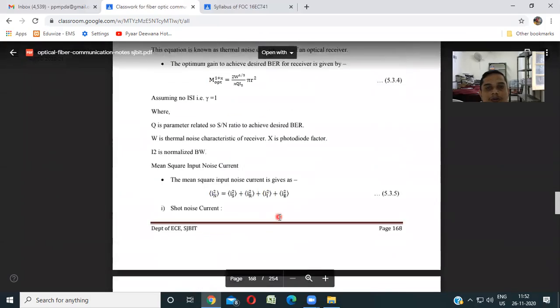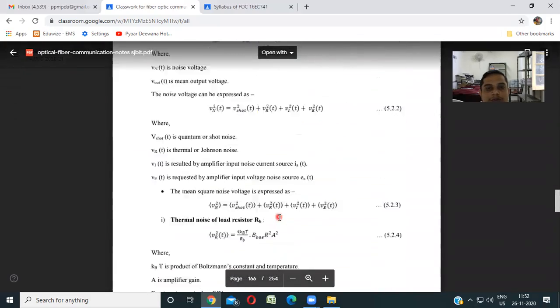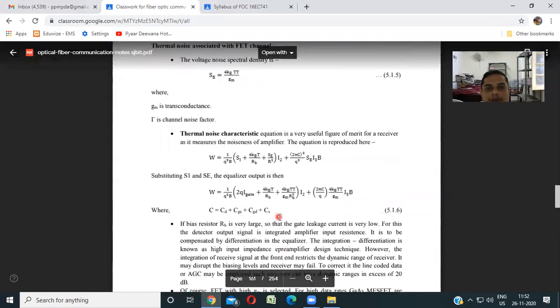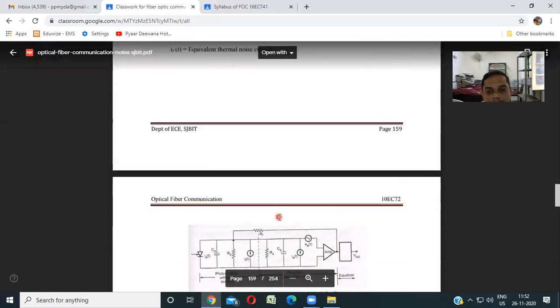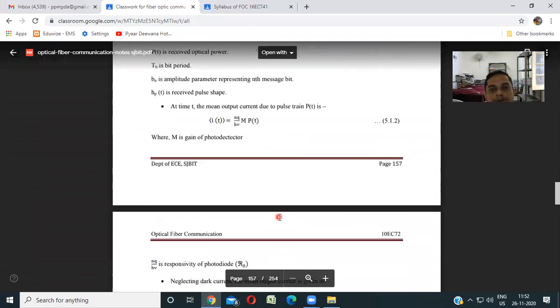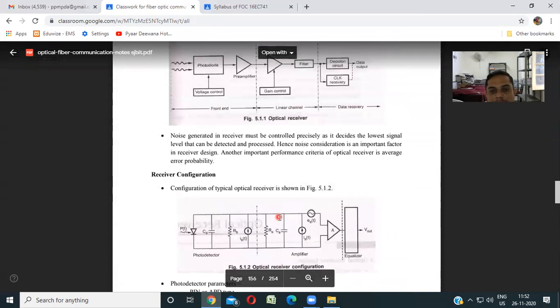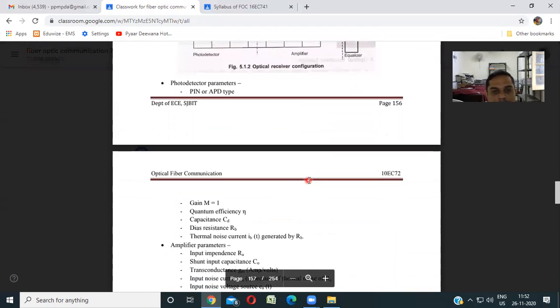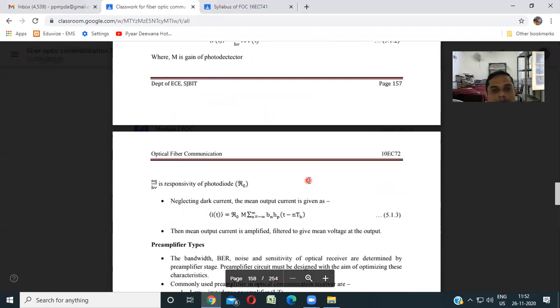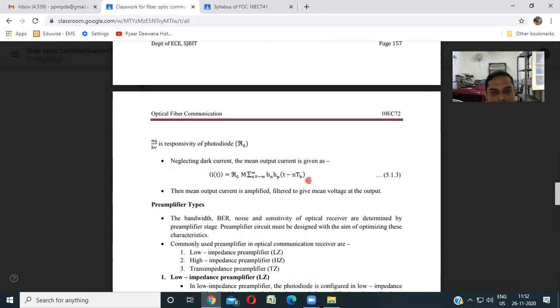So in this discussion we have discussed the optical receiver, the different blocks of the optical receiver, then the configuration of the optical receiver and its equivalent circuit, the different mechanisms, what noises are present, and different parameters. Then the noise voltages and the noise currents.